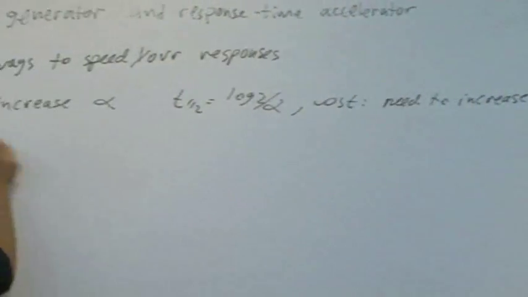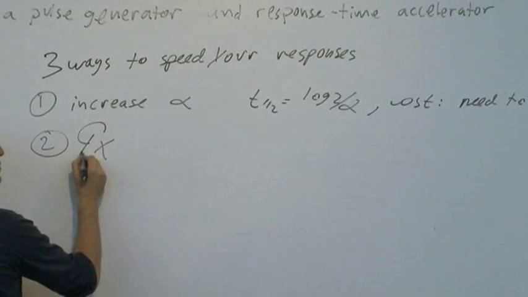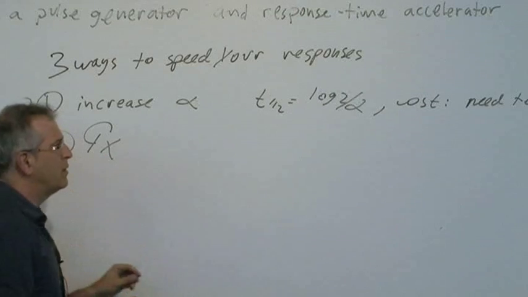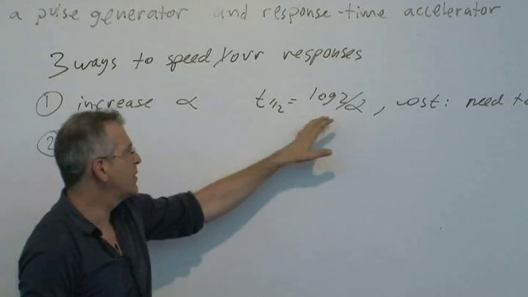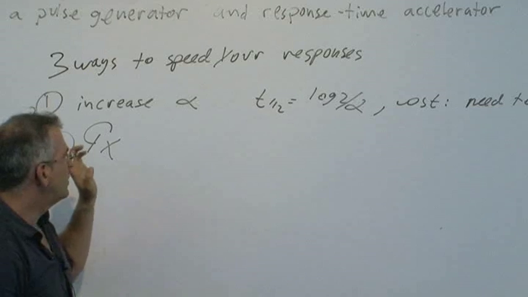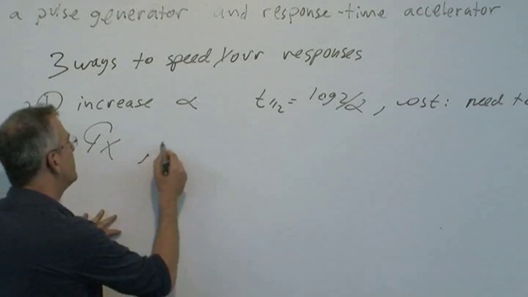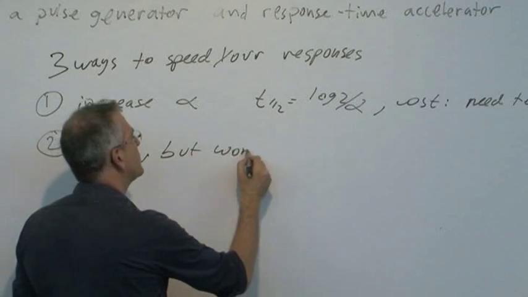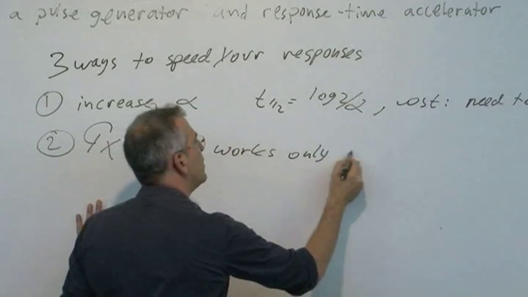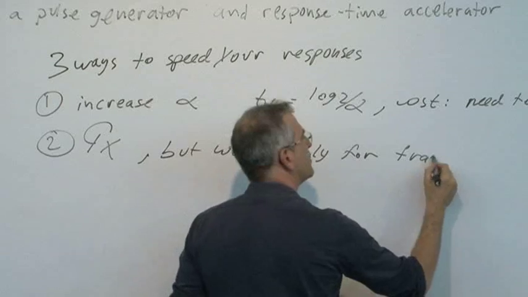The second thing is negative autoregulation. With the same alpha, with the same removal, you can get faster response times. But the problem is that this works only for transcription factors.